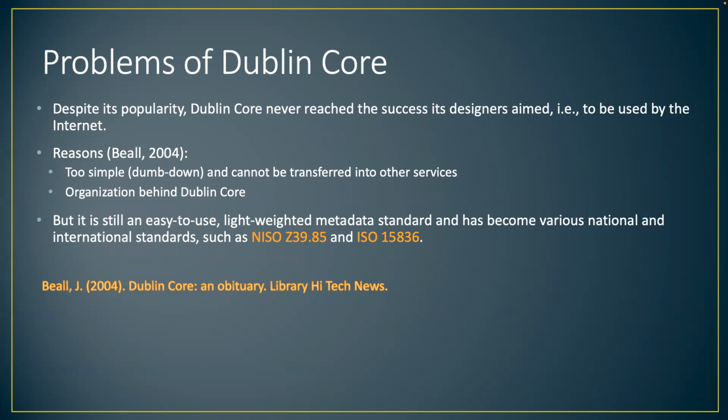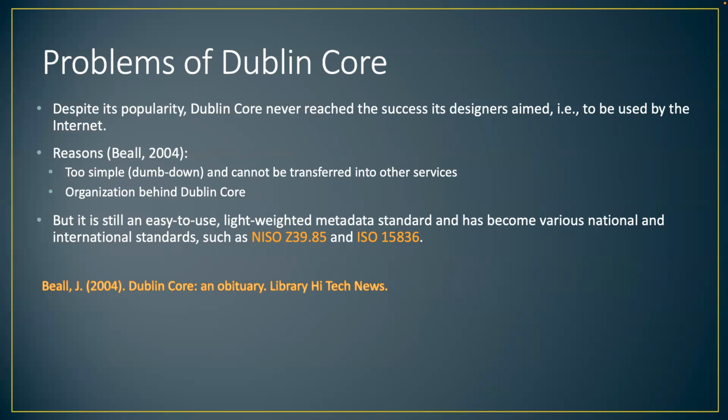So those are some of the reasons why, even though I don't think Dublin Core is very popular and broadly used today, I still want to talk about Dublin Core, and I hope you can learn more about these metadata standards because it still has its usage depending on what you are going to do in the future.